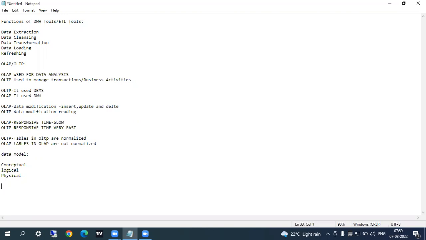In the logical model, for each table you already decided in the conceptual model, right?